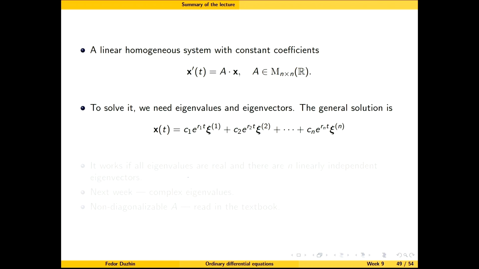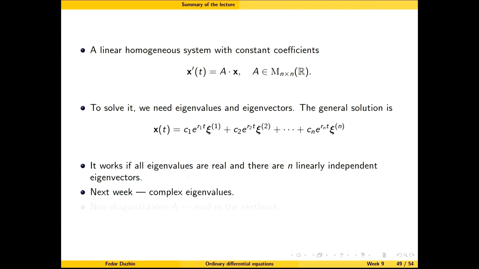This is going to work if all eigenvalues are real and there are n linearly independent eigenvectors. If the eigenvalues are complex, this actually still works, only it gives us a non-real solution. But if you are comfortable with a complex solution, then it's fine. If you are not, if you want to produce a real valued solution, then it's the next week.